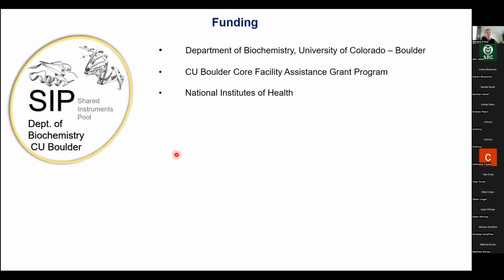I can't say this loud enough. The shared instrument core with over 40 instruments is highly subsidized by the Department of Biochemistry. I was lucky enough over the last 3 years to get 3 grants through the CU Boulder Core Facility Assistant Grant Program that allowed me to modernize certain things in both cores.